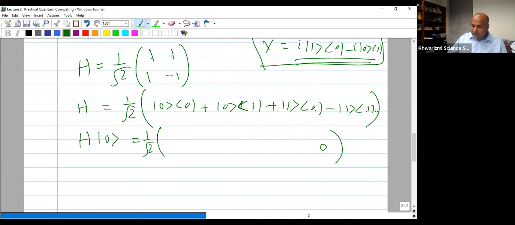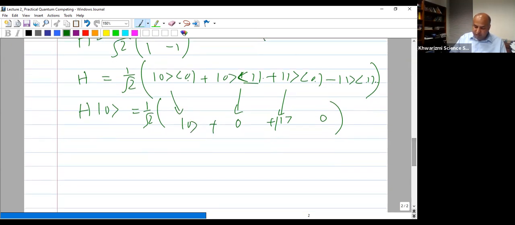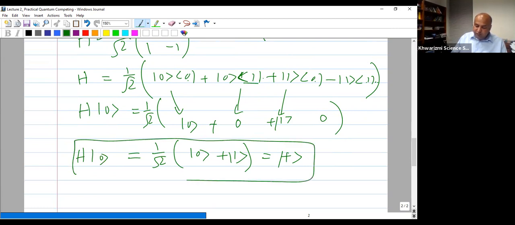When |0⟩ multiplies here, ⟨0|0⟩ would be 1, so this |0⟩ comes here. Similarly for the other terms, and it means my state is 1 over root 2, |0⟩ plus |1⟩, which is nothing but the plus state. So this Hadamard gate is very important, because it can convert your 0 into the plus state.